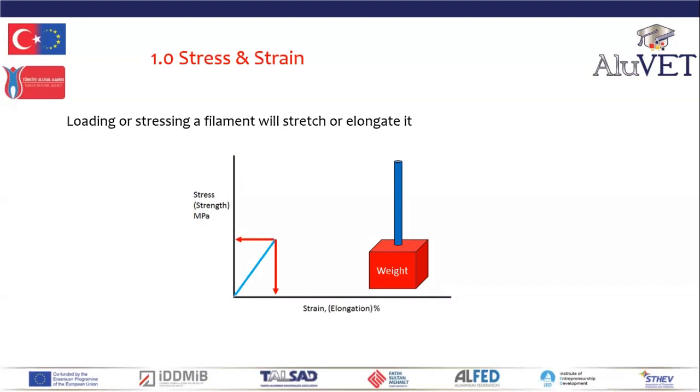As we saw before, hanging a weight on the filament results in loading or stressing the filament, so we'll stretch or elongate it. And we can plot the stress, the weight, on the vertical axis, and measure the resultant elongation on the horizontal axis. So in the graph, you can see the weight, the stress that we've applied, and the resultant strain. The blue line represents the elongation of the weight.